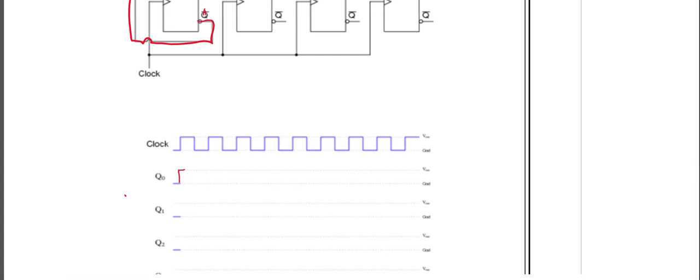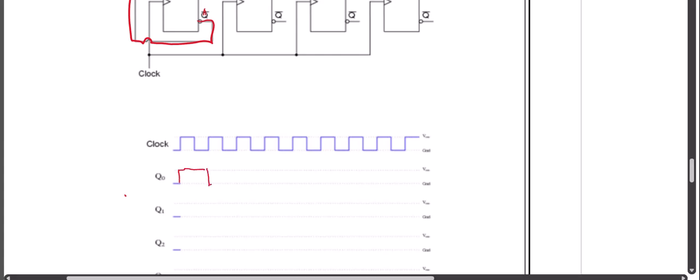Its input is the not of what it was before. Pretty much just against every positive edge.